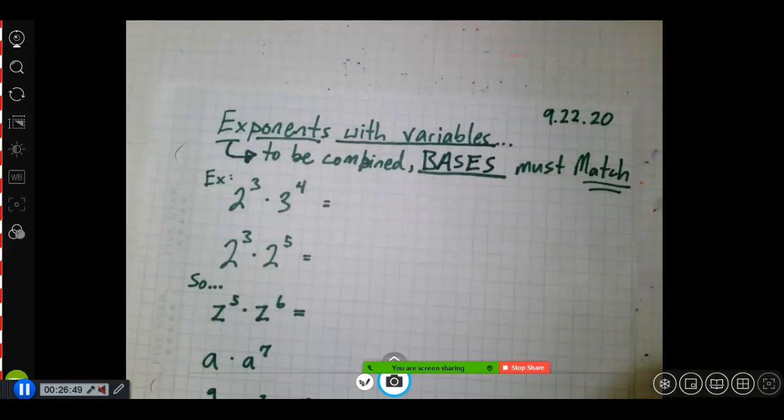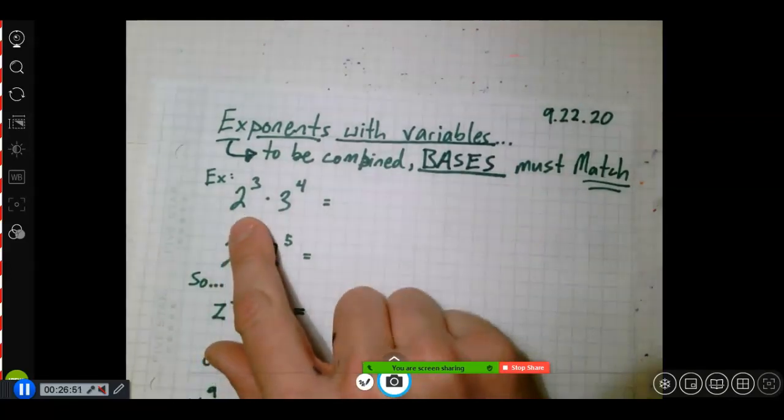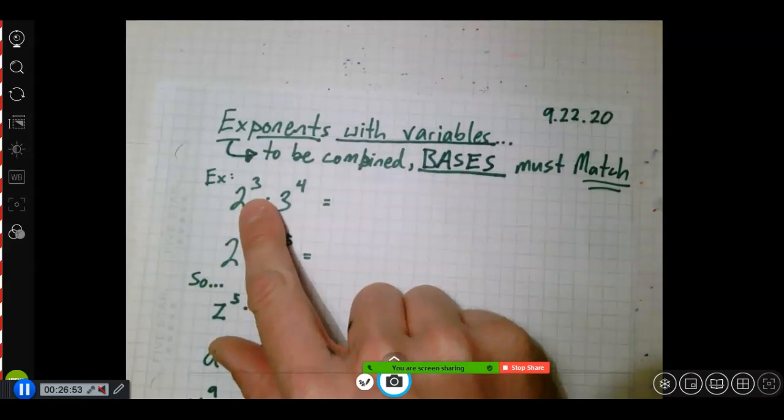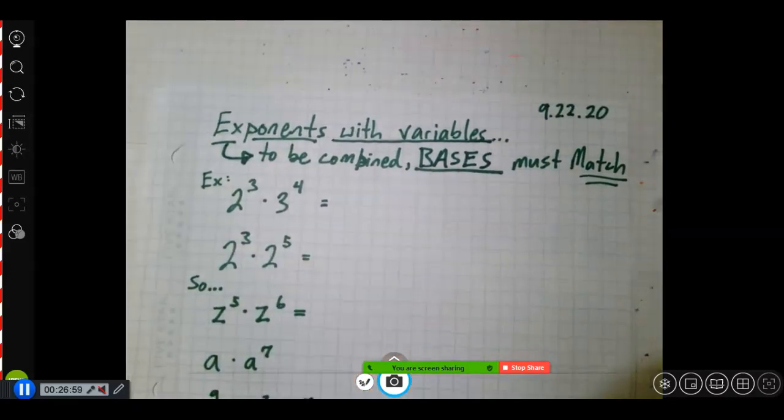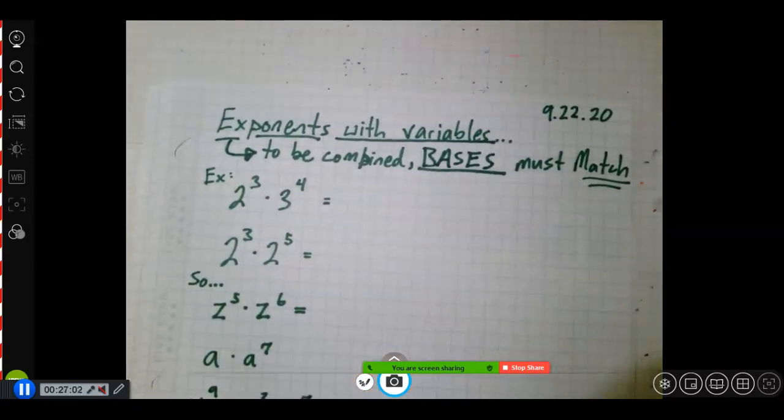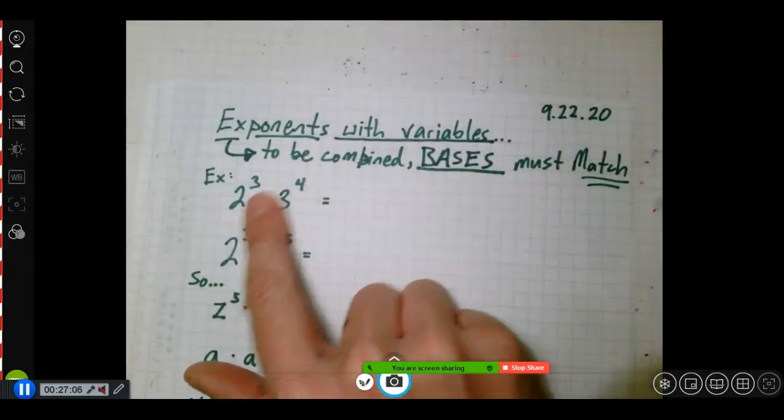Here's why. When you look at 2 to the third power, Maya, if I asked you to expand 2 to the third, that means give it to me in expanded form. How many 2's would I see here?